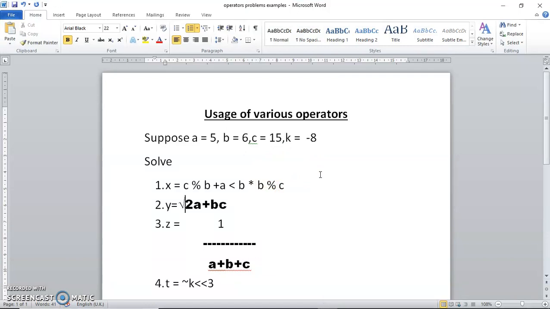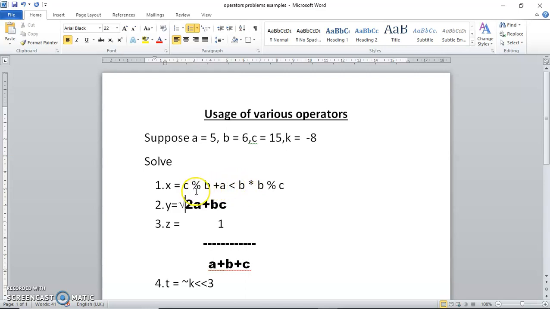Let's suppose we have variables a equal to 5, b equal to 6, c equal to 15, and k equal to -8. Can all of you try to solve this first value? All we need to see here is which operator would be performed first. We have arithmetic operators here and the relational operator also. Obviously arithmetic operators are at a higher level of precedence as compared to the relational operators.